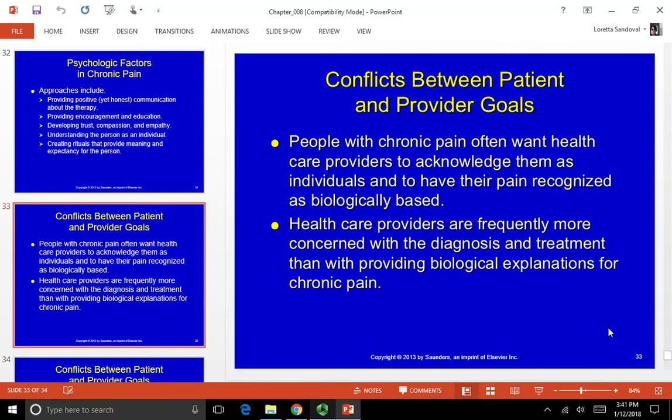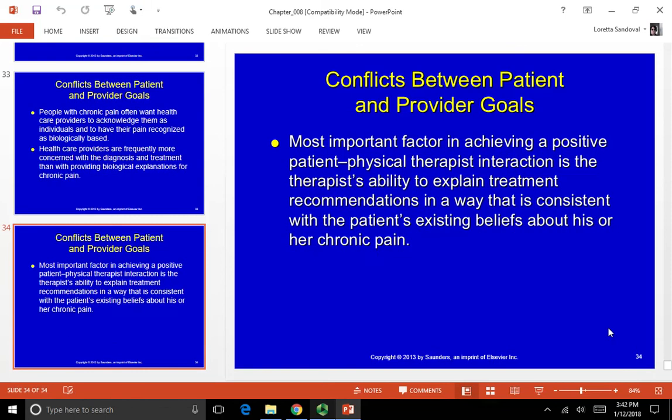Healthcare providers are frequently more concerned with diagnosis and treatment than providing biological explanations for chronic pain. So if we can educate patients about how chronic pain works, we can really help them, but also acknowledging that, yeah, I know your pain is real. Your pain is absolutely real, and helping them deal with it.